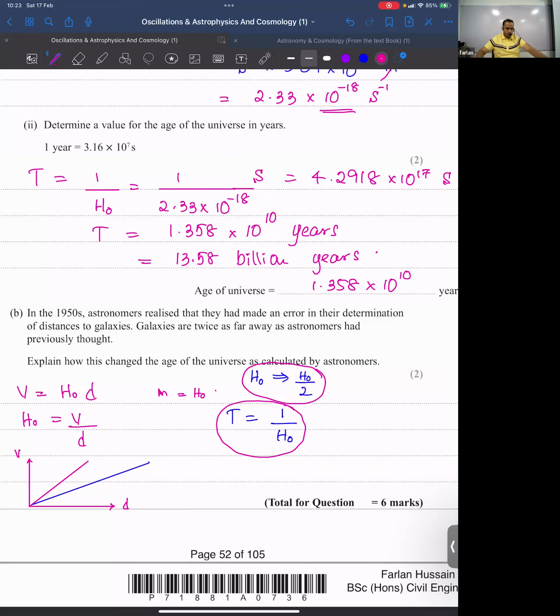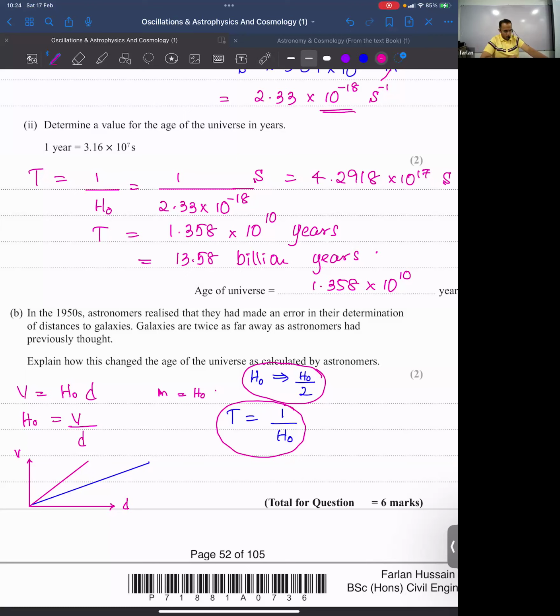The Hubble constant they calculated is twice the actual value.